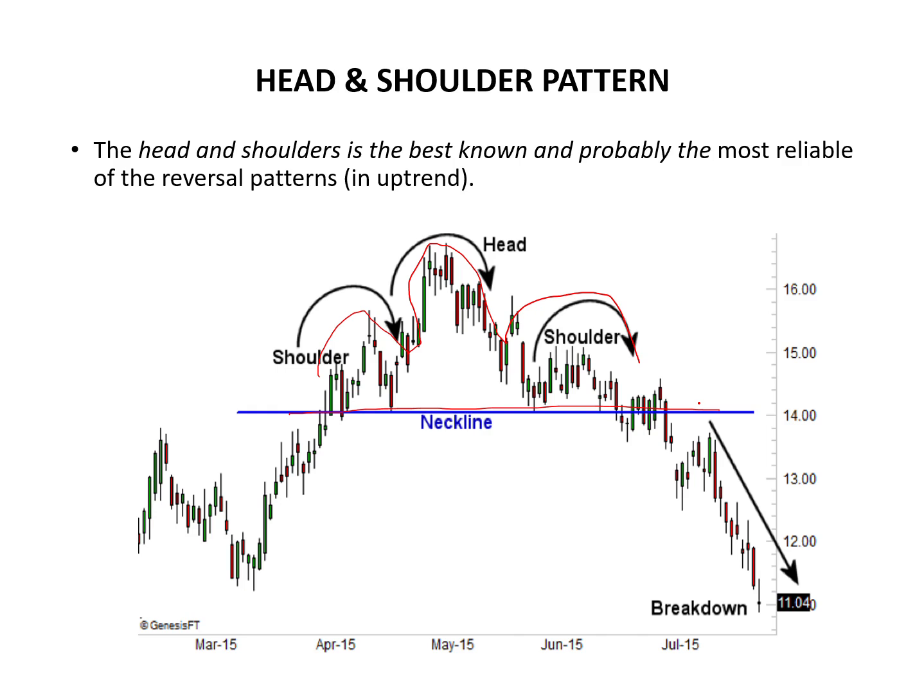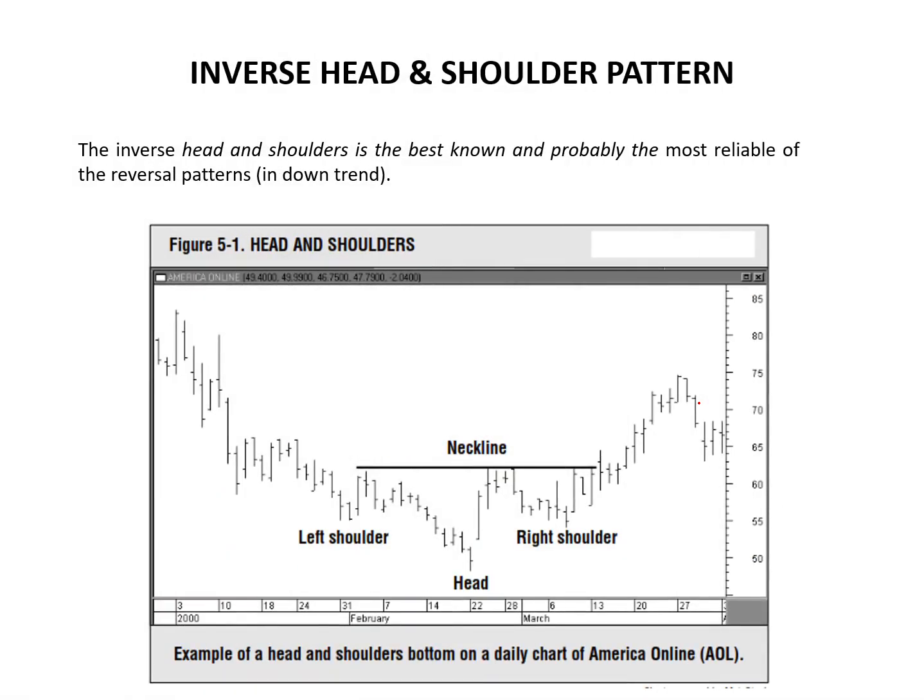Each of these patterns has an inverse. So the inverse head and shoulder pattern will form in a downtrend. This is the same pattern, but upside down. The inverse head and shoulder is the best known and probably the most reliable reversal pattern in a downtrend. Again here you can see this is the left shoulder, then this is the head, this is the right shoulder, and this is the neckline.